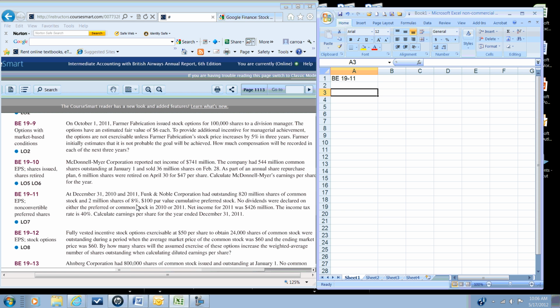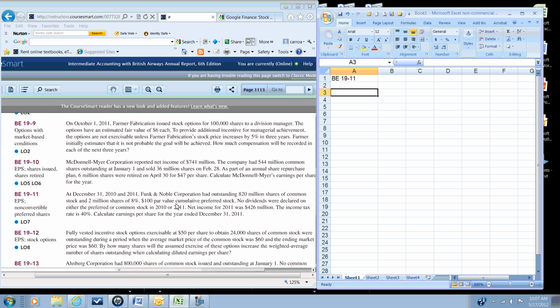However, a company does not have to pay the preferred dividend if the board of directors chooses not to. Typically, this is done when the company needs the working capital, the cash.